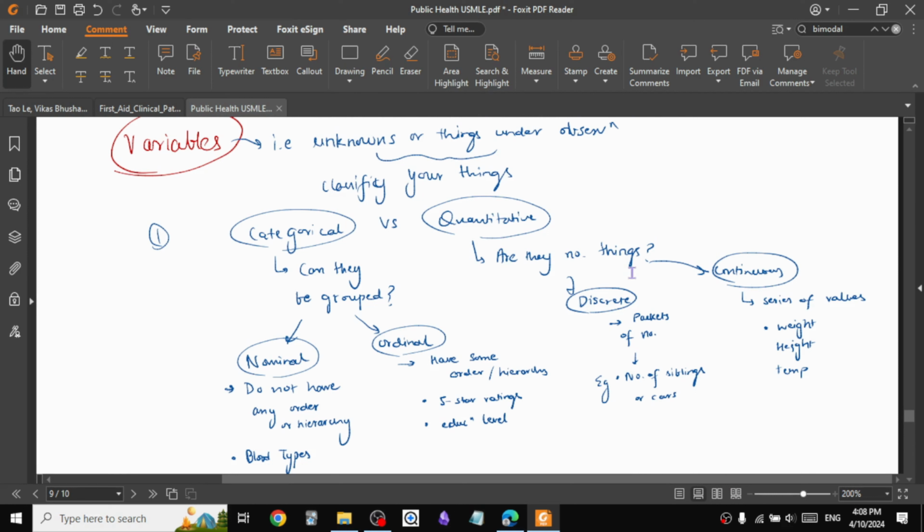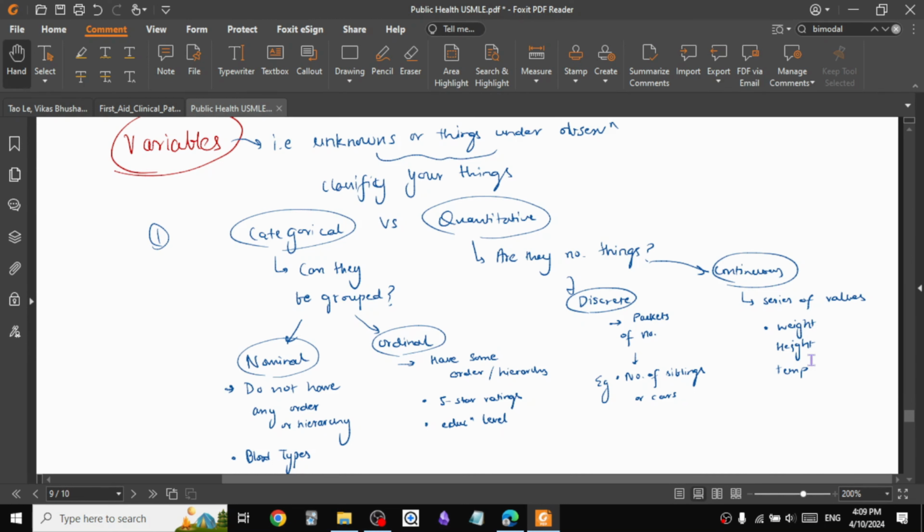Quantitative is the number of things. Are there discrete packets of things? Number of siblings, number of cars, number of pencils, number of staples, whatever, right? All of these are discrete. What is the other category? We have continuous. They have a series of values. This is like height, weight, temperature.